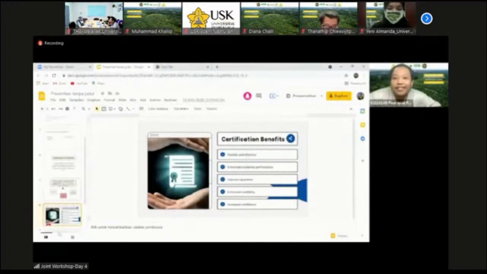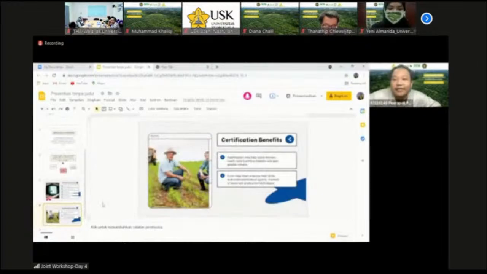Next slide, please. Certification may help some farmers reach more lucrative markets and gain greater returns. It can also help them improve their skills and understand quality, markets, or learn new production techniques.